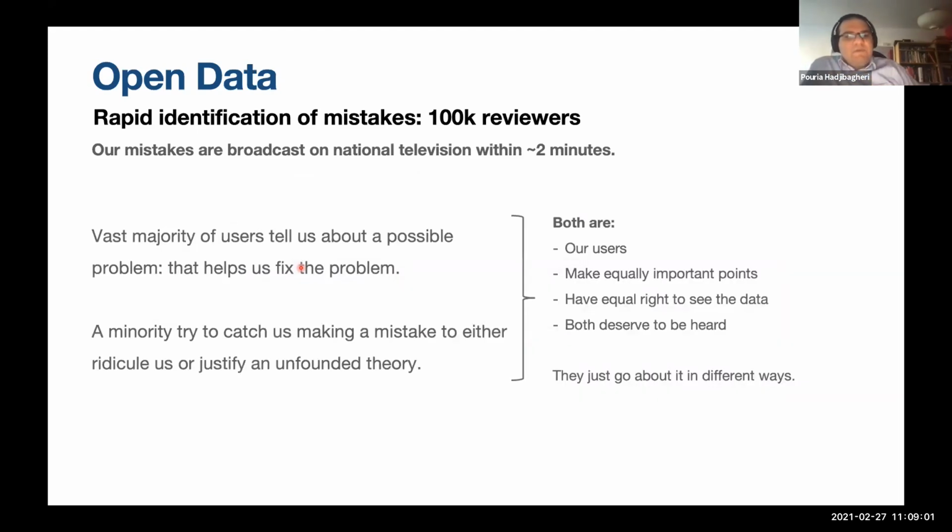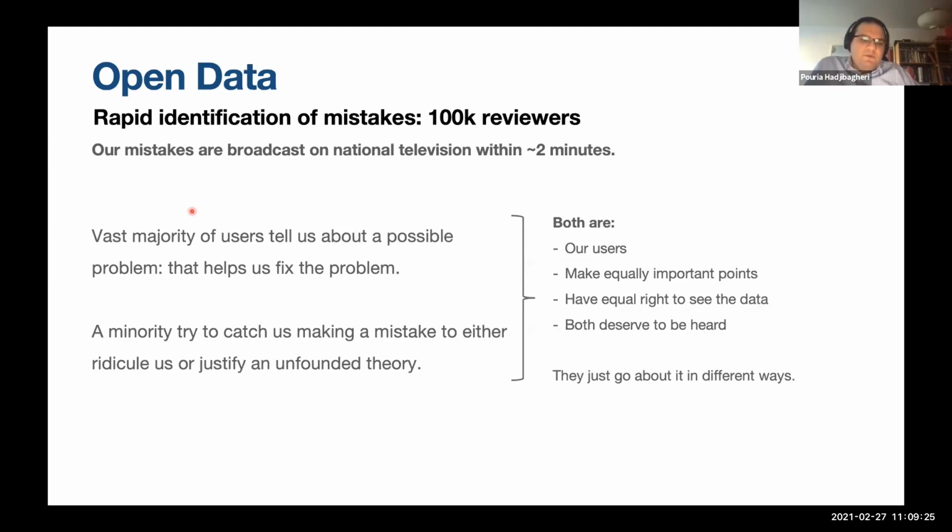So rapid identification of mistakes, again, has advantages and disadvantages. A vast majority of users, like 99.9% of them, tell us about a possible problem, and they do so to help us fix it as soon as possible.